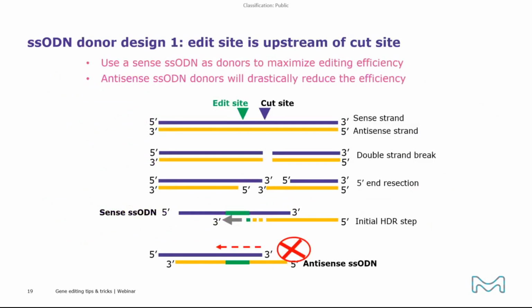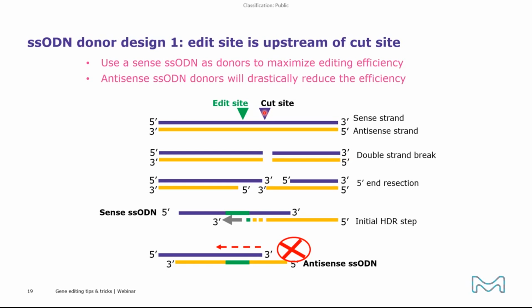The first positional relationship is the edit site is upstream from the cut site. In this configuration, you want to design a same-strand oligo as donors.